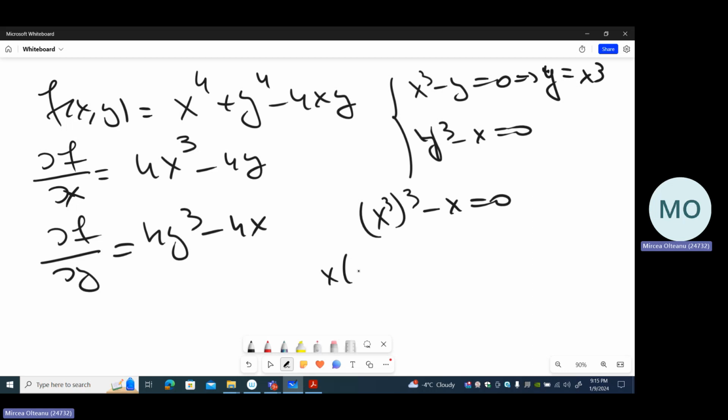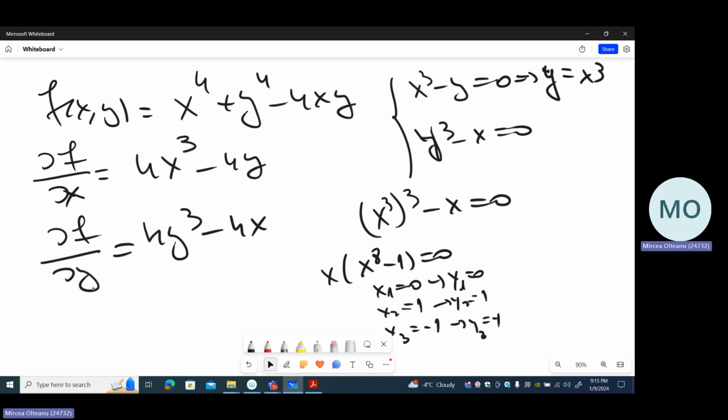That means x times (x^8 minus 1) equals 0. This equation has three real solutions: x1 equals 0, x2 equals 1, and x3 equals negative 1. Corresponding to these solutions, we have y1 equals 0, y2 equals 1, and y3 equals minus 1. So there are three critical points: (0, 0), (1, 1), and (minus 1, minus 1).